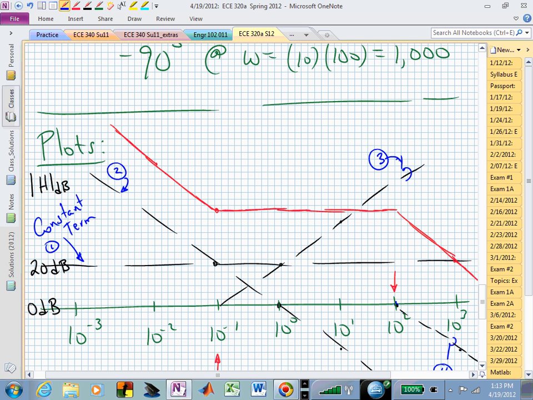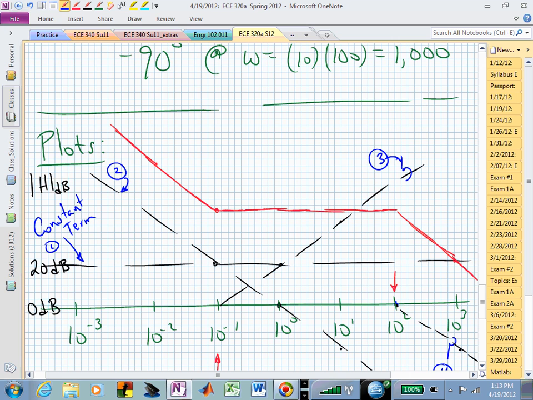So I had 40 here, 60 here, plus 20, 80 dB. Ooh, 10 to the fourth. So you now have 10 to the fourth cosine 0.001 t minus 90 degrees. So if you had to sketch those, your output would be huge, but it would be shifted 90 degrees relative to the input waveform. So it's now going to have a time shift.